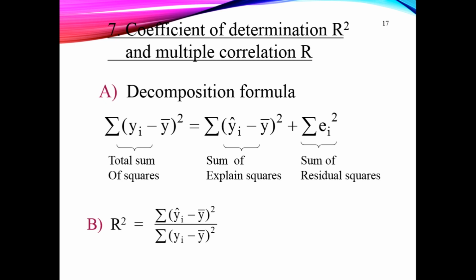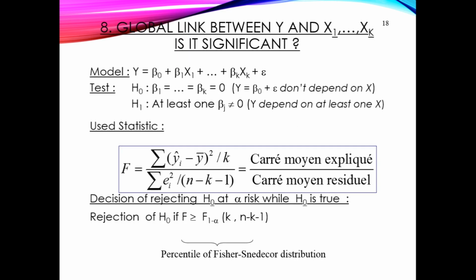The global linkage means that you can answer the question: is there at least one variable that can be supposed to be significant? So we will do the hypothesis test, where the null hypothesis is that every coefficient in our model except the constant is 0.